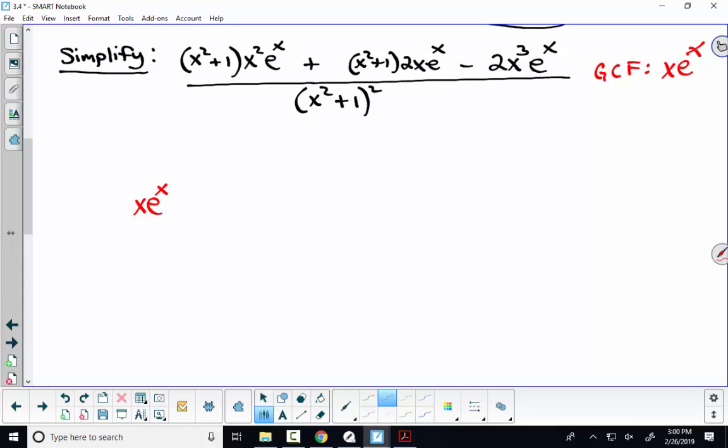So we're factoring the x e to the x out of all of these terms in the numerator. So that leaves us with the x squared plus 1 times x plus the x squared plus 1 times 2 minus 2x squared.